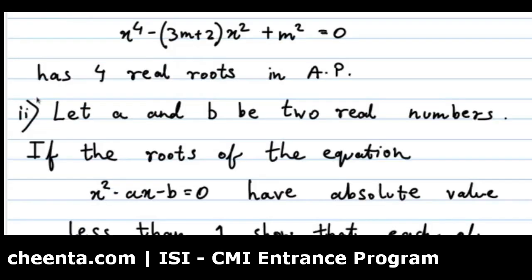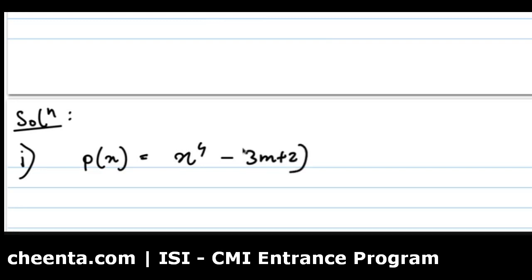So first of all, let's write down this equation. The given equation is something like x to the 4 minus (3m plus 2) times x squared plus m squared.